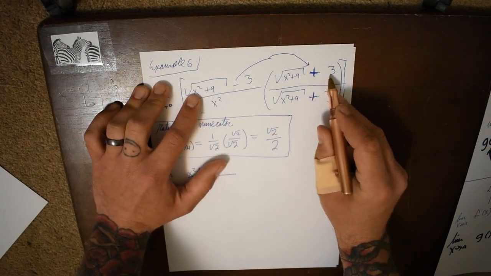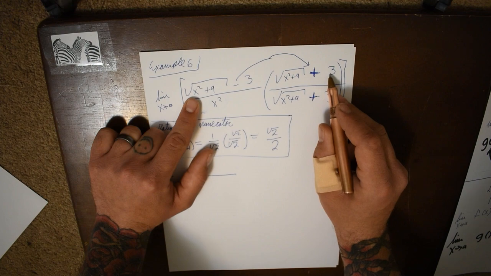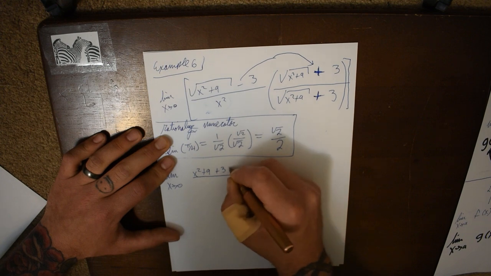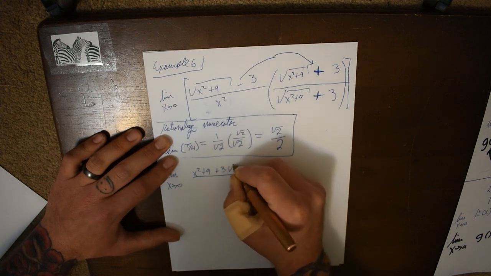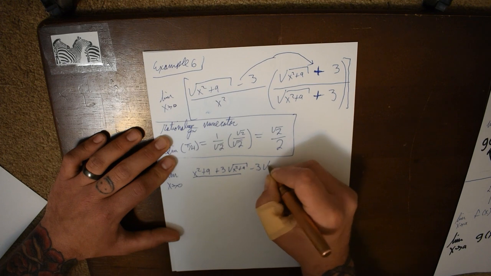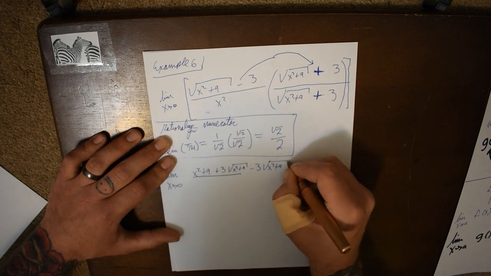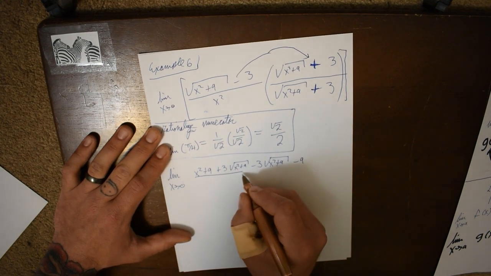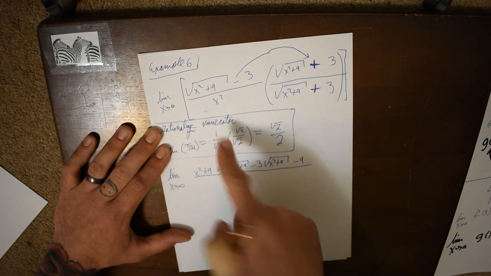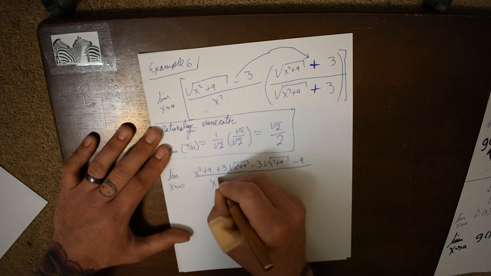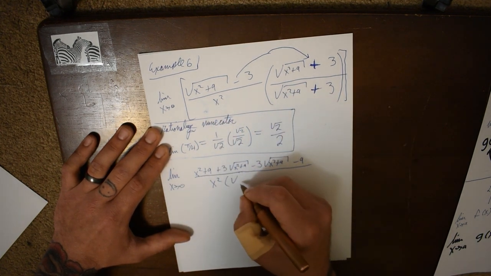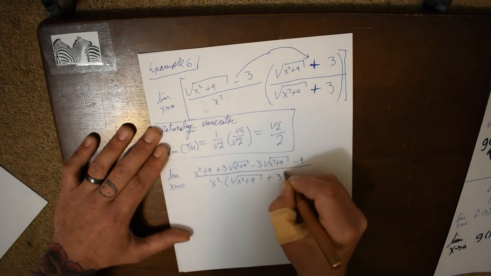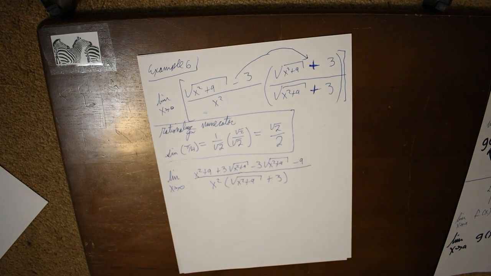Now we'll do plus 3 times the square root of x squared plus 9, minus 3 times the square root of x squared plus 9. And then negative 3 times a positive 3 will give us minus 9. All that is going to be divided by the product of x squared and the square root of x squared plus 9 plus 3.